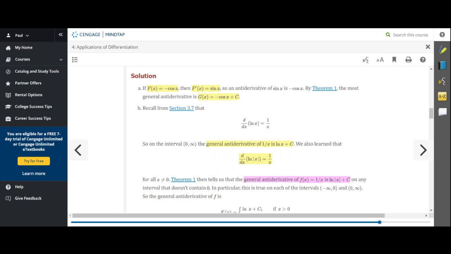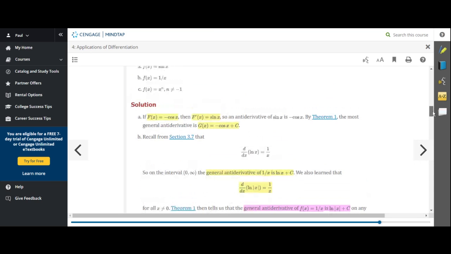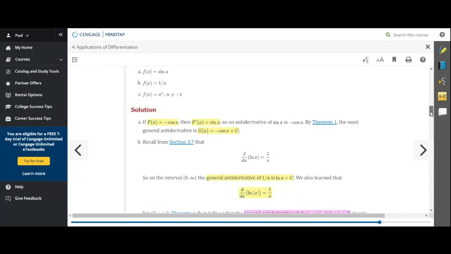You have to be careful with that, because a lot of times students, like in calculus 2, will forget to have that absolute value around the x, and you have to have it there. Okay, so there's another antiderivative. And now for c, are there any questions so far?